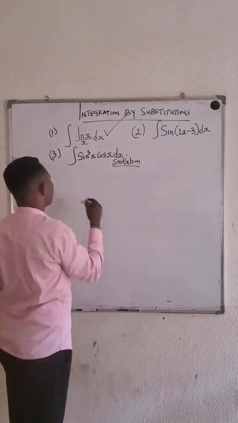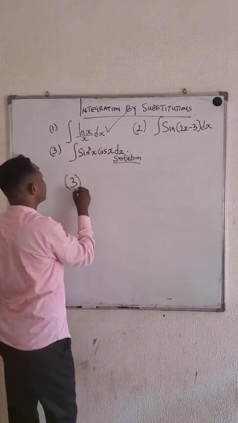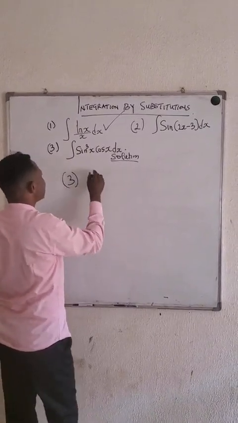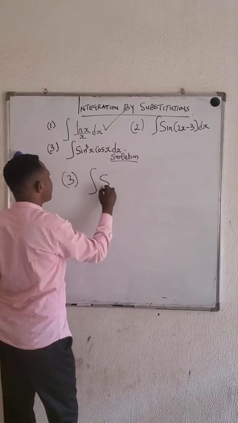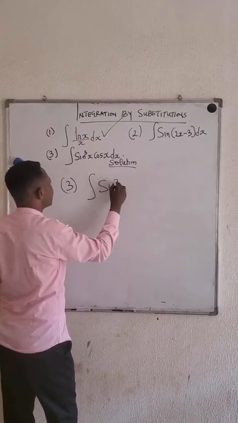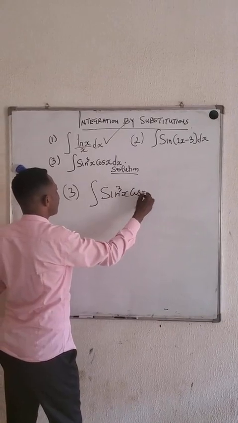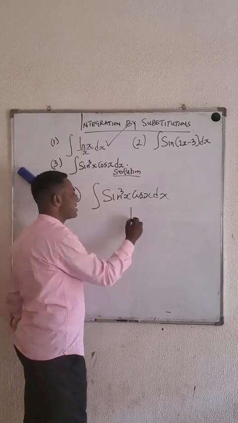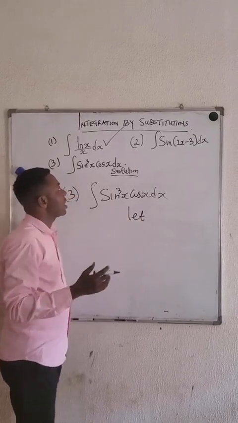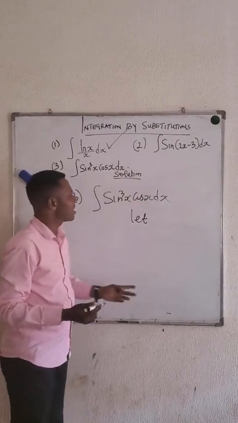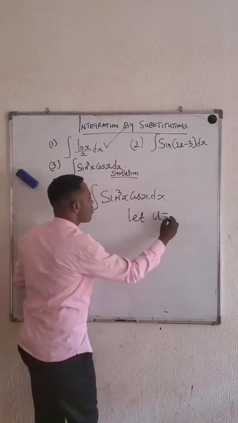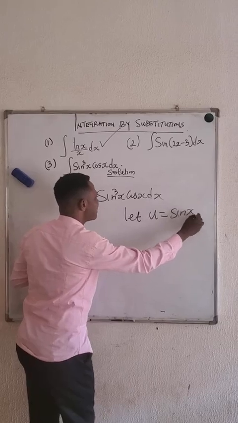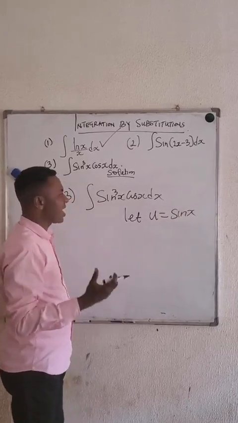Now, number 3, integrate sine x cos x dx. Since we are using the substitution method, we can say let u be equal to sine x.